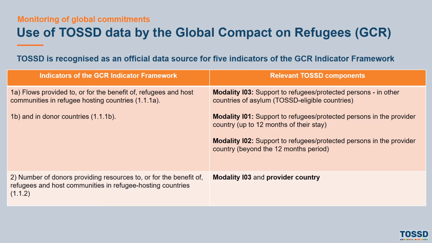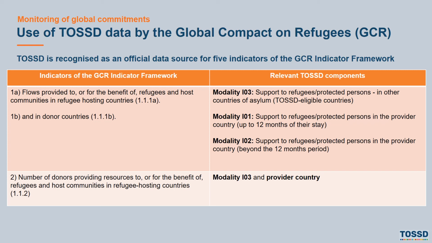For example, we have the indicator 1A that encompasses flows provided to or for the benefit of refugees and host communities in refugee hosting countries, and indicator 1B in donor countries. In TOSD, is it possible to find the respective information in modalities IO1 and IO3?